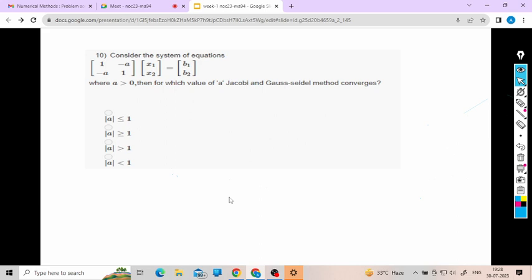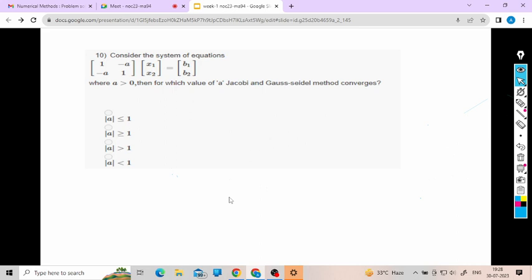Ma'am, I didn't read the Jacobi and Gauss-Seidel methods. Can you explain? Okay. We have solved one question on the Gauss-Jacobi method. Through these methods, we can solve a system of equations using Jacobi or Gauss-Seidel.